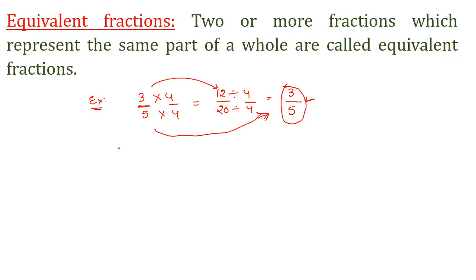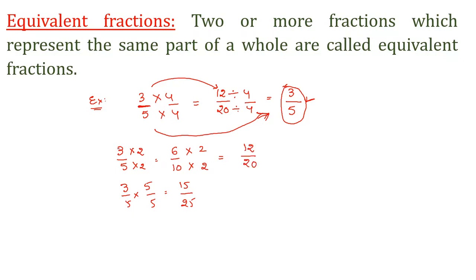Observe here, same fraction I am taking and multiplying both numerator and denominator with 2, what will you get here? 3 2s are 6 by 10. Again I am multiplying both numerator and denominator with 5. What will you get here? 3 5s are 15 by 5 5s are 25. Here I am again multiplying both numerator and denominator with the same number, 6 to the 12 and 10 to the 20.